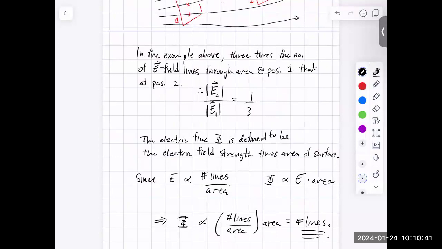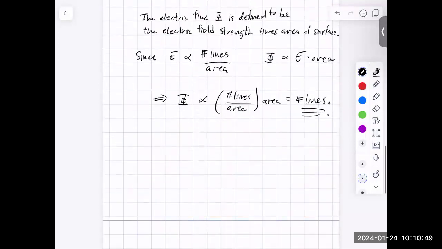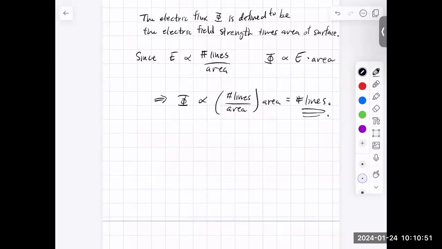Okay, so let's do a simple example where we compare electric fields and electric fluxes at different positions in a region of space. Let's draw a point charge and the electric field that it creates.